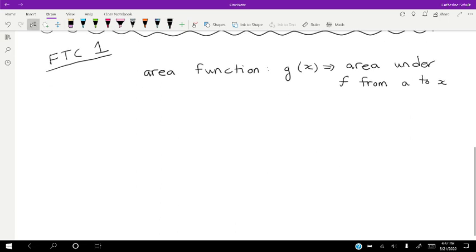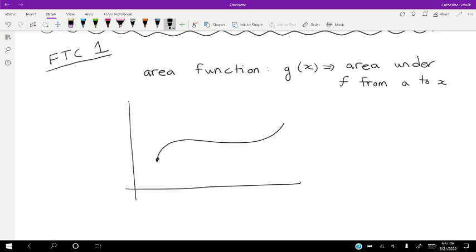Okay, so if we had a graph and we had our function f that starts at a, it goes to b. f is actually a function of t in this case, so we can introduce another variable x, okay? And x is a variable. x can be any number between a and b.